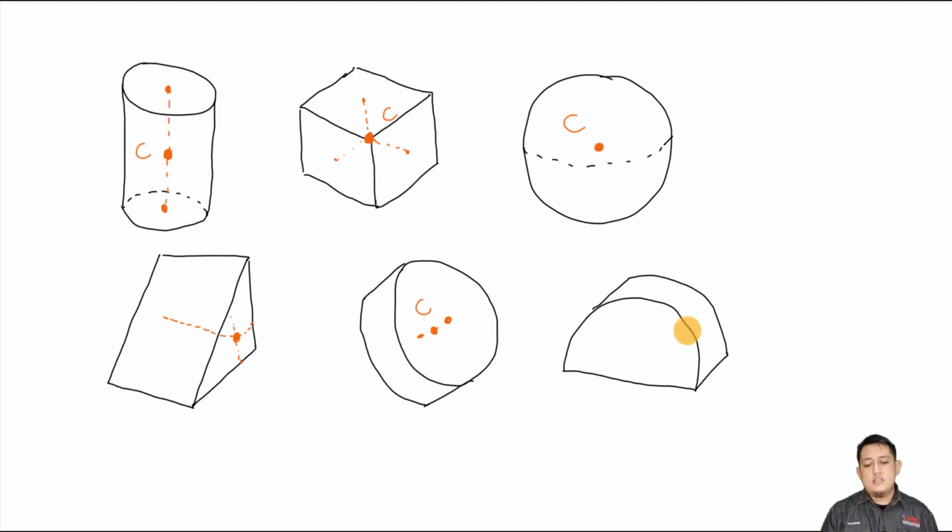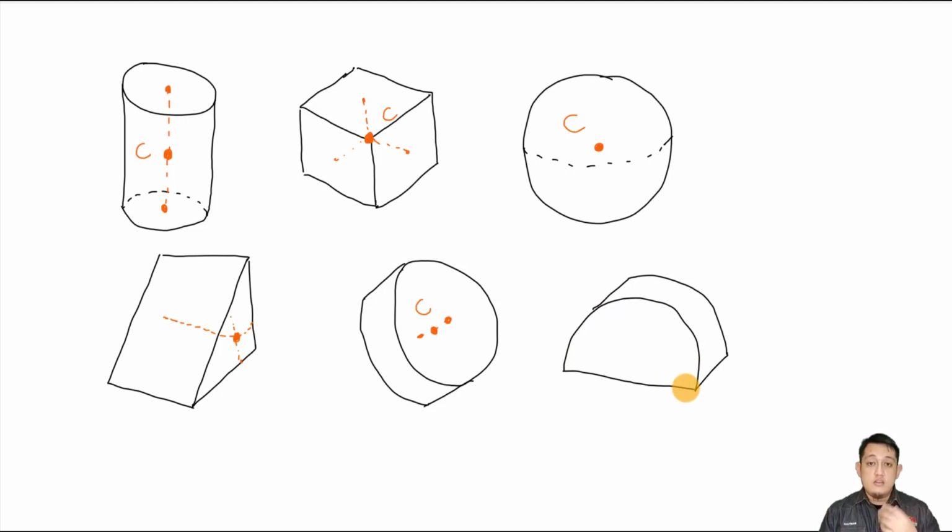What about this semicircle here? For this semicircle, first of all, we must make sure what is the dominant shape of this 3D object. The dominant shape is this semicircle.